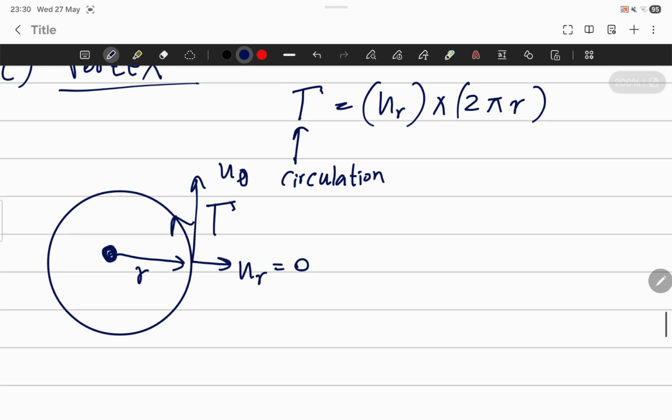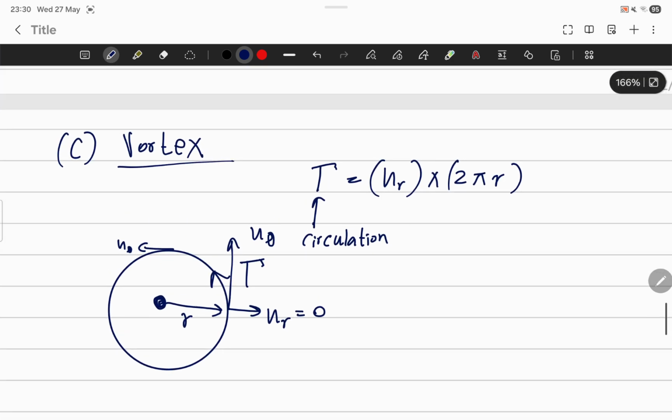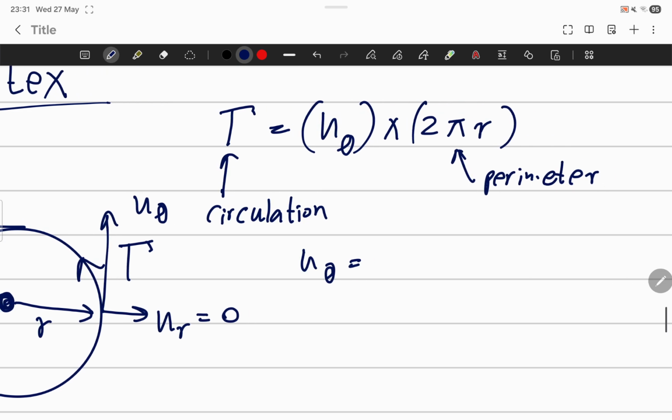Because u theta is in this direction, so length is equal to perimeter, right? So u theta equals tau over 2 pi r, right?